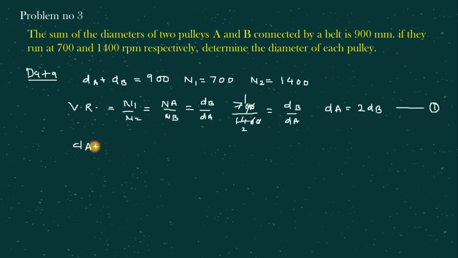We know dA plus dB together is 900. Let's substitute the value for dA, that is twice the dB plus dB, which is equal to 900, which comes out to be 3 dB is equal to 900.